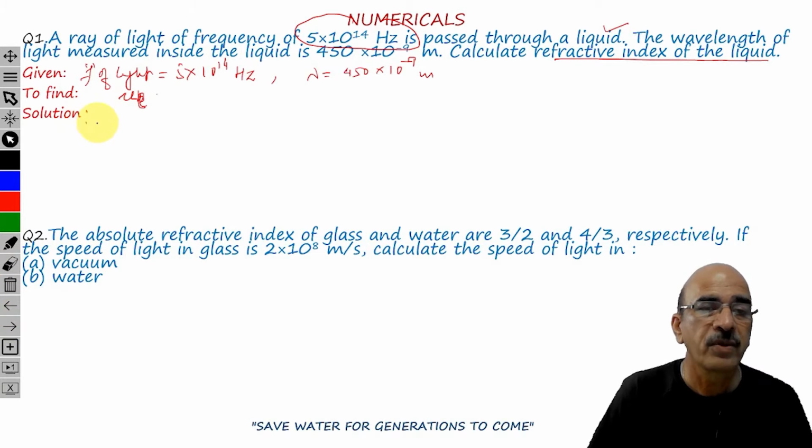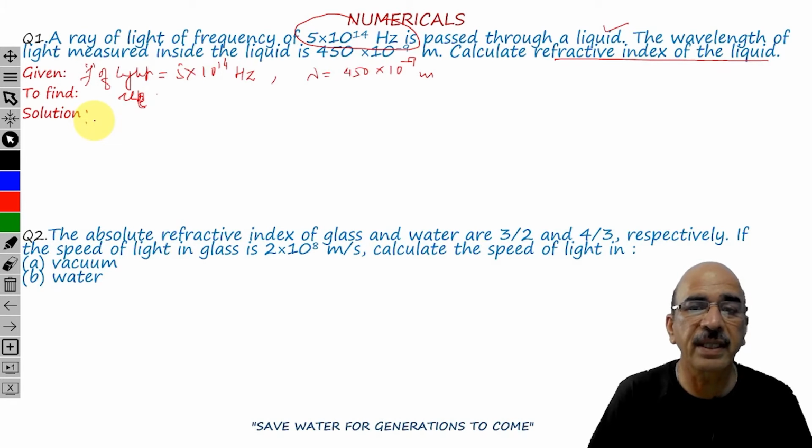How to solve? Just try to do it on your own. How will you do it? Frequency and wavelength are given. So what can we get from this? The speed of light in the liquid is not given, and we need to find the refractive index. You know that the refractive index of the liquid with respect to air will be speed of light in vacuum upon speed of light in that liquid.